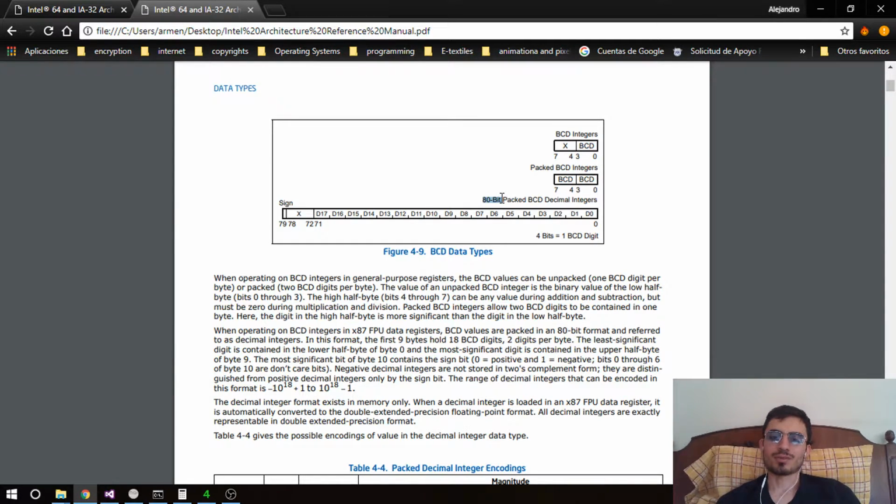That was the biggest one, and this is the same, but you have basically 18 packed integers, and there's a sign and some unused value that you don't care about.